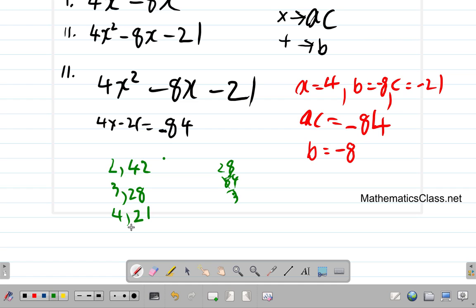9, 10, 11, 12. 12 times 3 is 36, 12 times 4 is 48, 12 times 5 is 60, 12 times 6 is 72, 12 times 8 is 96.